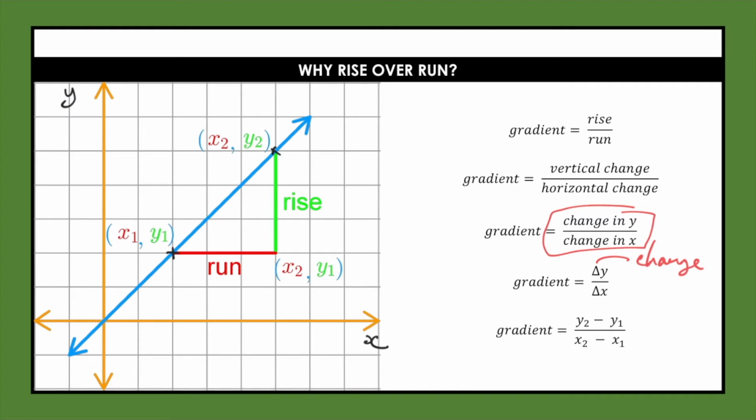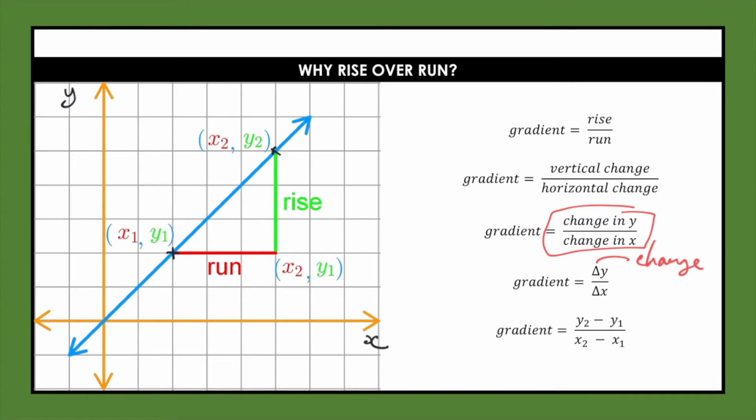We say change in y would be our final y value, our latter y value, take away our earlier y value. And change in x would be our final or latter value for x minus our initial or earlier value for x. So that's how we get this equation y2 minus y1 over x2 minus x1.